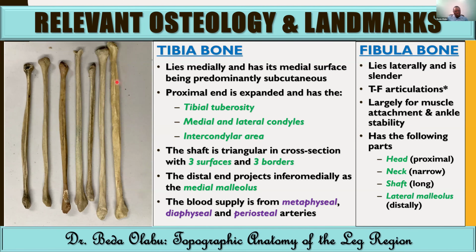Compare with this one, where this is the part that articulates with the talus, and this is the malleolar fossa. So this one we can conclude is the left talus, sorry, the left fibula.